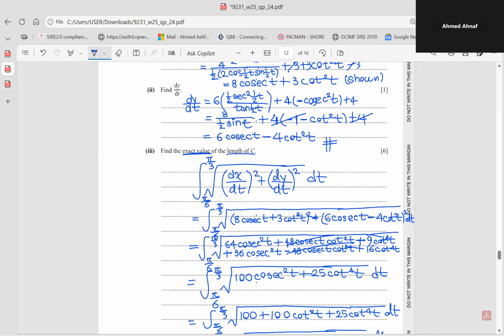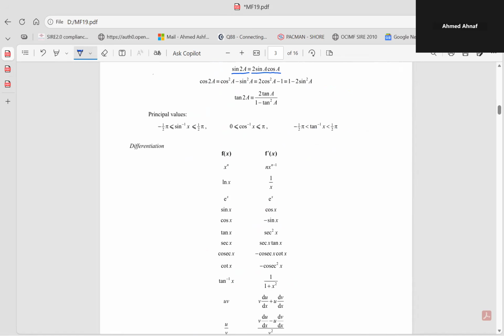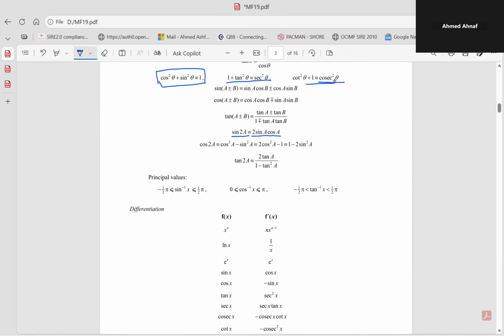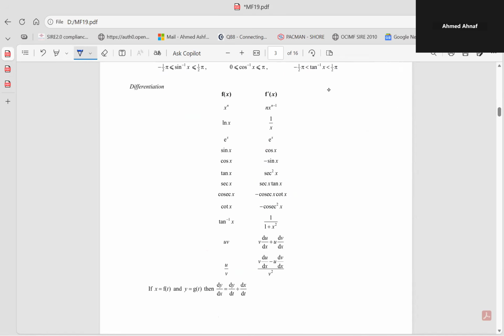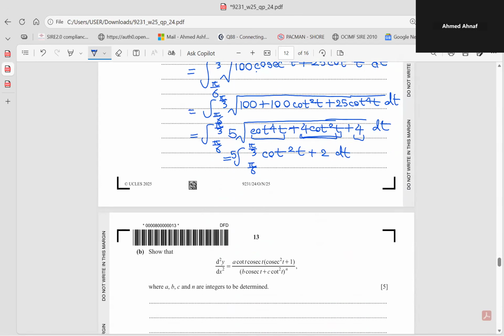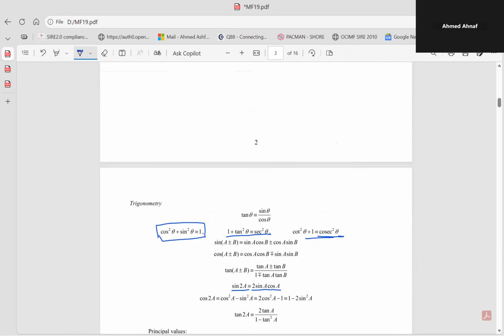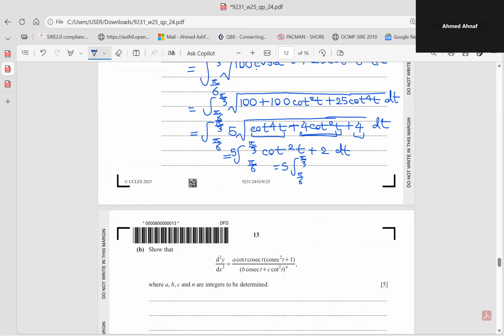Let's see whether we can integrate cotangent squared t directly. We can't, so we use the identity that cotangent squared is cosecant squared minus 1.